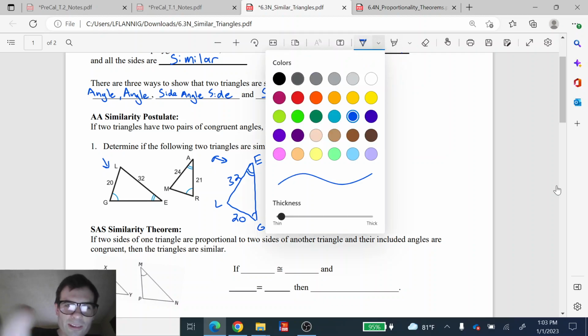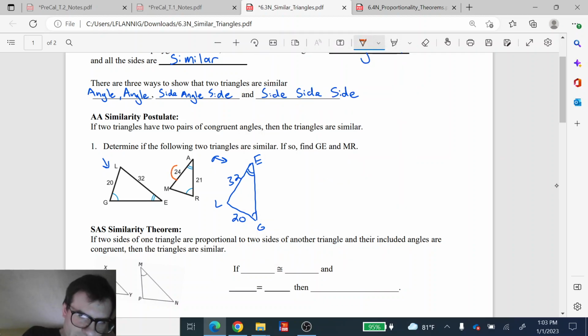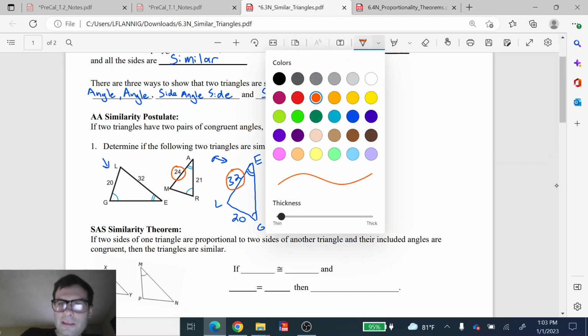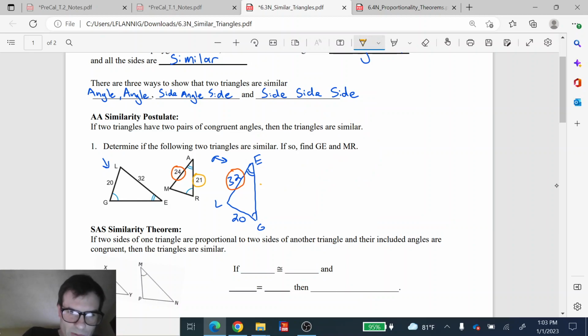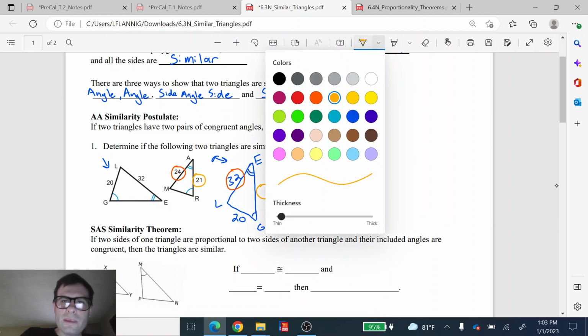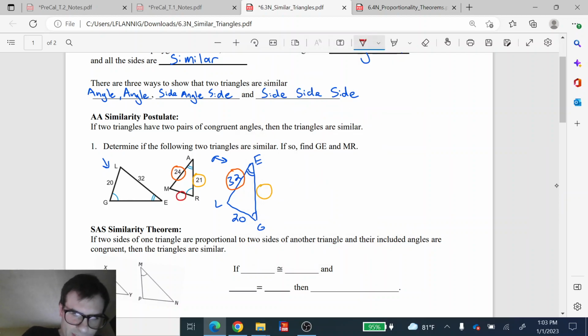So what you can tell, which is really cool, is that this side is associated with this side. And this side is associated with this side, but we don't know that number. And also, this side is associated with this side, but we don't know MR either.